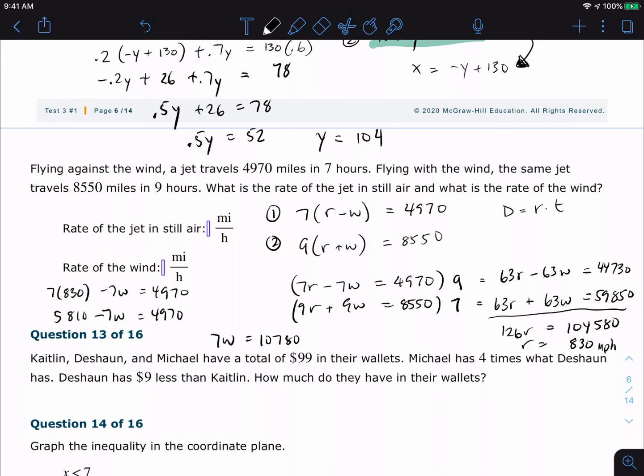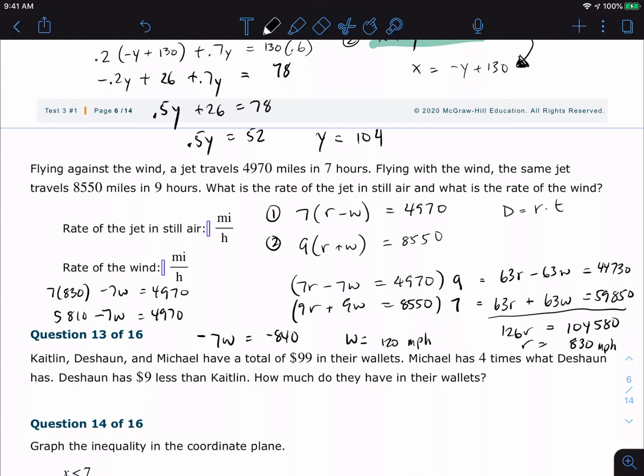Ooh, I'm silly. I added them instead of subtracting. So 4970 minus 5810 is a negative 840. My bad. So W is equal to, oh, that should be a minus sign, 120 miles per hour.